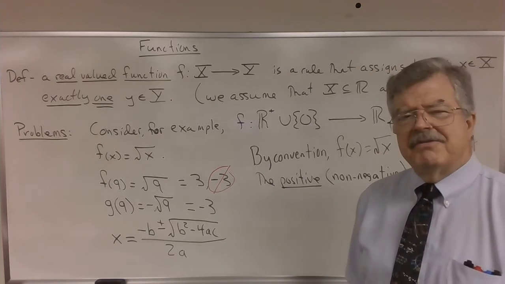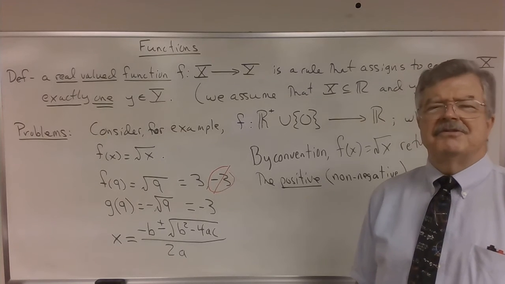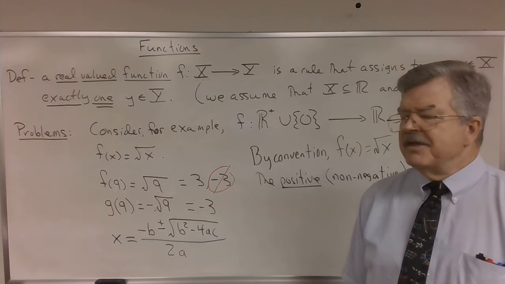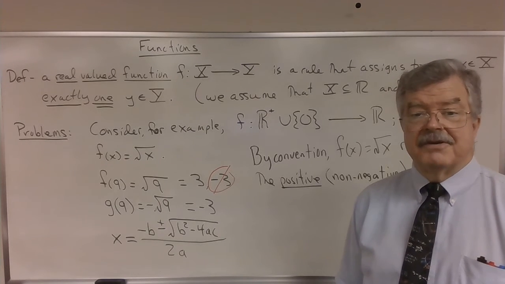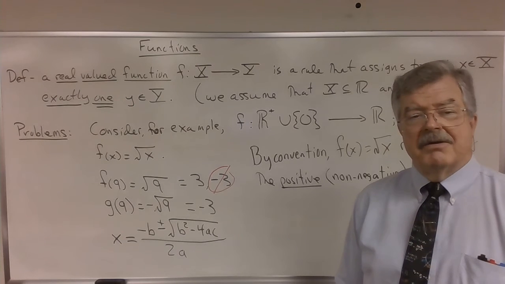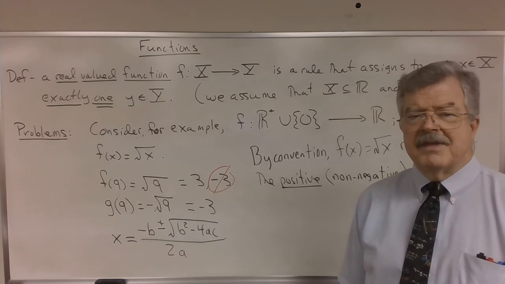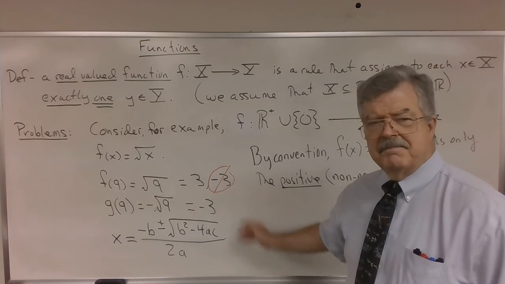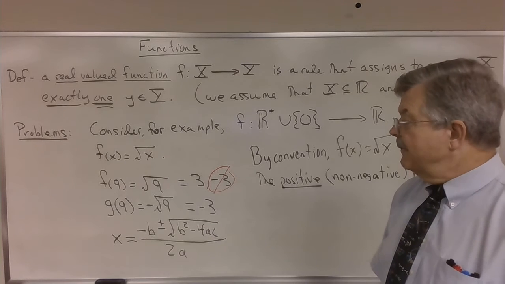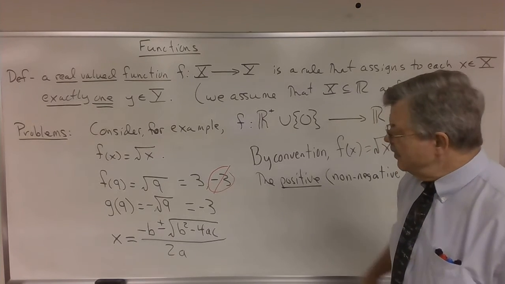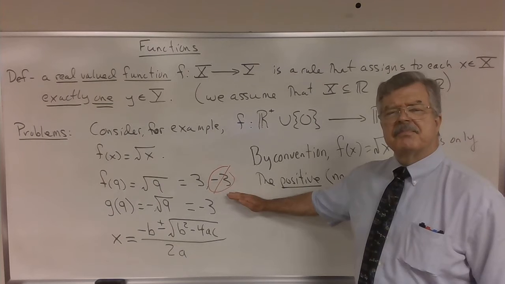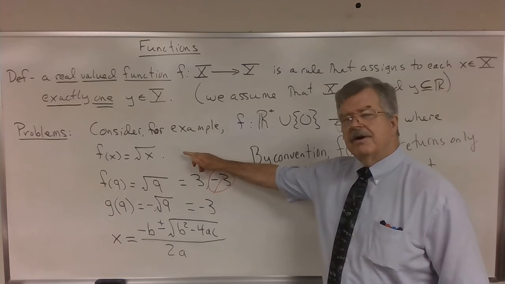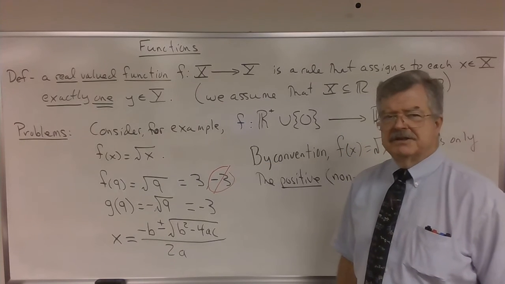And with real valued functions, that doesn't cause us too much concern. But the issues arise with complex functions. And apparently with complex functions, it's not as easy to sweep all of this under the carpet. So let's set the stage for what we're about to do with complex functions by continuing to work with the square root function.